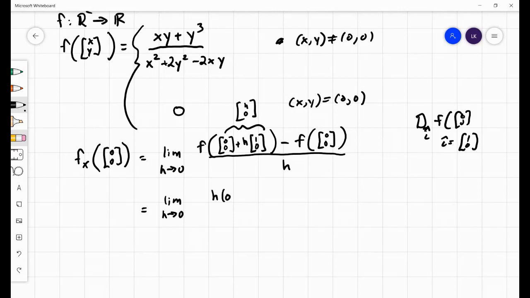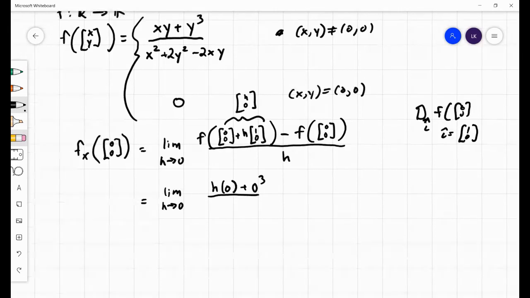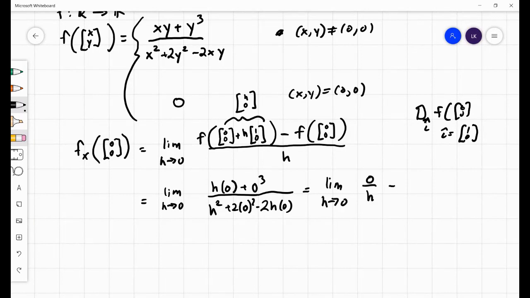We get h times 0 plus 0 cubed, and then we get h squared, and obviously we just get a limit of the constant 0. So indeed, the partial derivative of the function at the origin with respect to x is 0, so it exists.